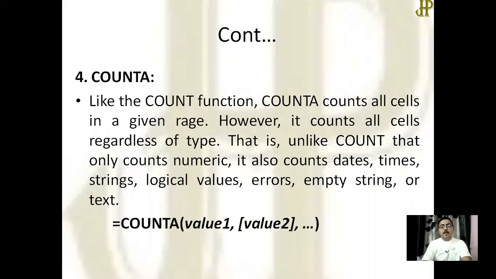Next one is COUNTA. It is a specific type of count. It counts all cells in a given range, regardless of the type. Okay, whatever the type of data inserted, it will count that data.